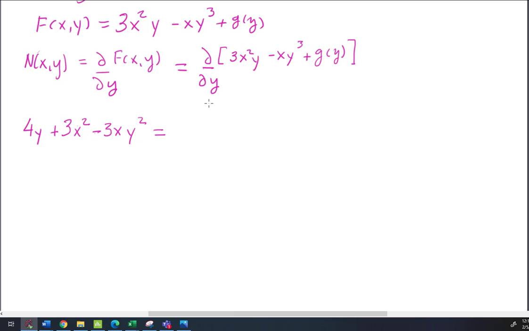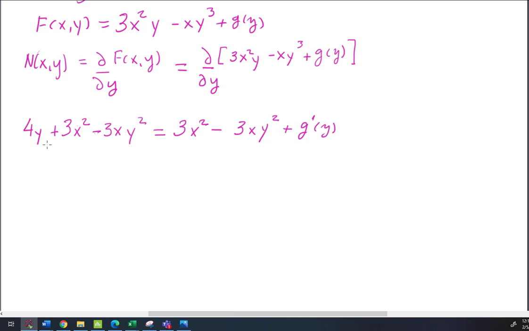So let's go ahead and take this partial derivative, differentiating with respect to y. So this is a 3x squared, minus 3xy squared. And now g is a function of y alone, and so when I differentiate with respect to y, I've got g prime of y.